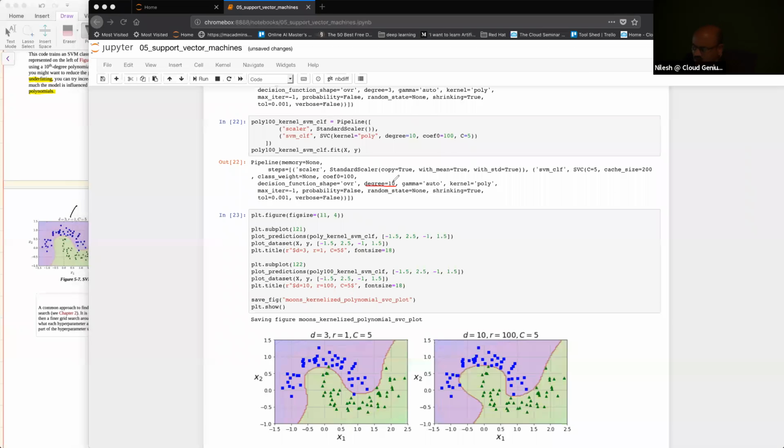Degree is 10. Degree is 10 here. So this is labeled wrong, or I'm reading it wrong. But it's a 10th order polynomial. The earlier one was a 3 degree polynomial. This is a 10 degree polynomial, not 100. So I should correct what I said before. This is not 100 degree. It's just 10 degree, but still big enough. 10 is big enough as such.